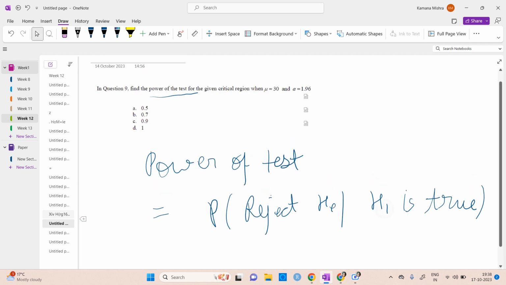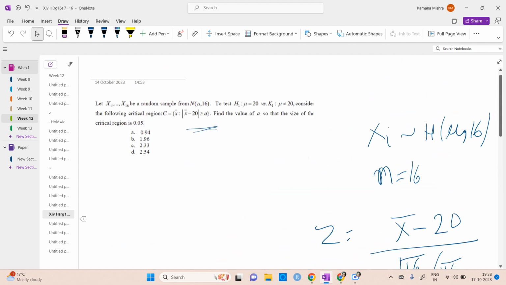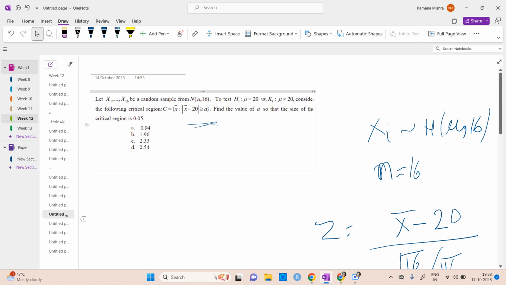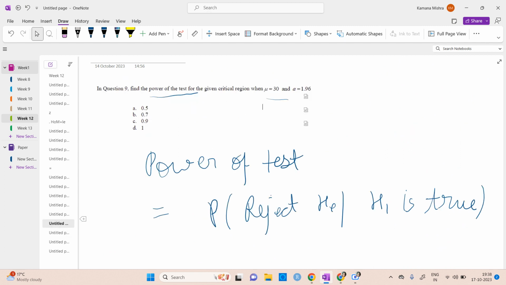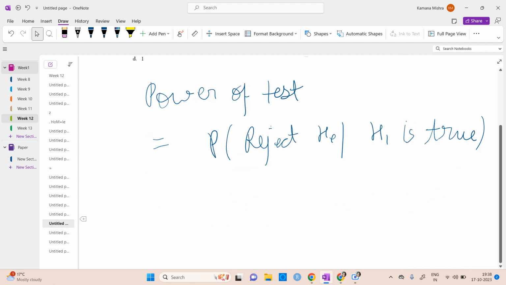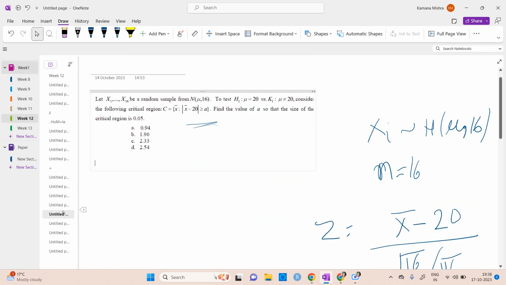So h1 is true means we take mu equal to 30. If h naught is true, then we take mu equal to 20. h1 is true means mu is not equal to 20 and some specific mu is given. So at this point, the rejection region, to reject h naught, is the same, right?